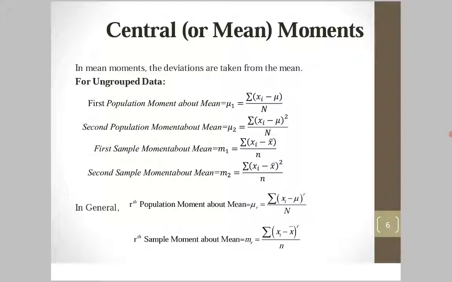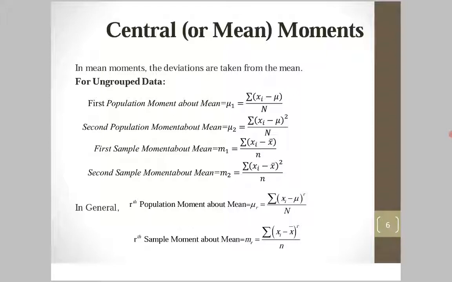So the first sample moment about mean m1 is equal to sigma (xi minus x bar) by small n. Here x bar is the sample mean. Similarly, the second sample moment about mean m2 is equal to sigma (xi minus x bar) whole square by small n.